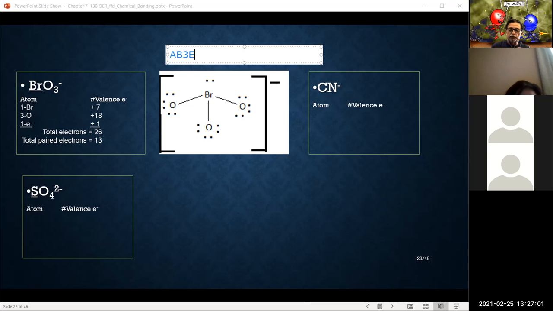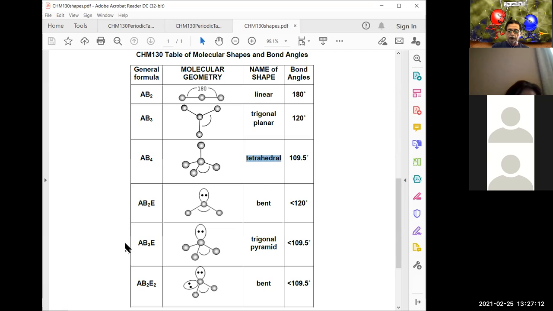That's AB3E for the general formula, which then we can go to, like we've done before, the shapes table and look for AB3E. And here we go. Trigonal pyramid. You can see the lone pair sitting there on the central atom, and the 3 oxygens are on the bromine, and that bond angle is less than 109.5.